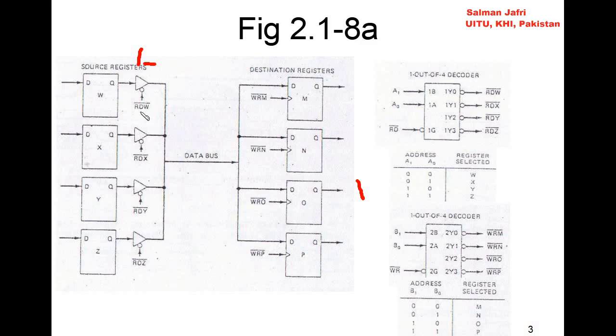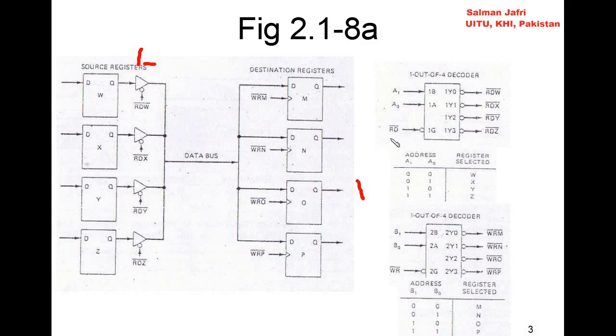Now, as we know that we can read one of the source registers or none of the source registers, it is an ideal candidate for implementation with a 1 out of 4 decoder, right? If the decoder is enabled, whatever is the binary code over here, that particular signal would be low and that particular source register would be read.